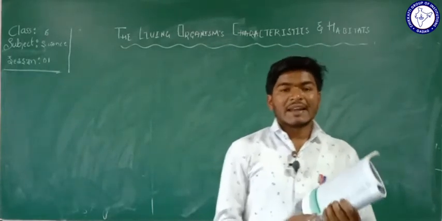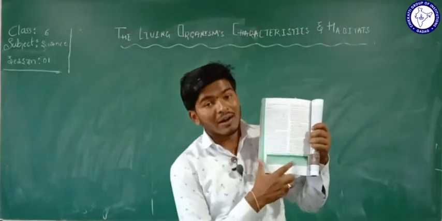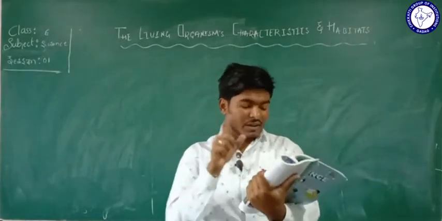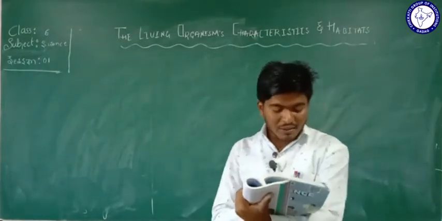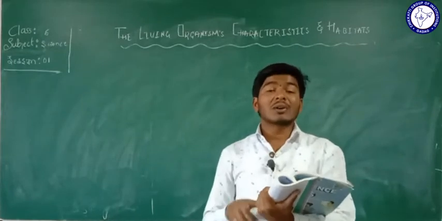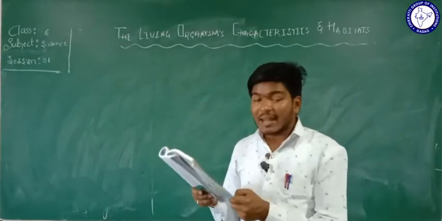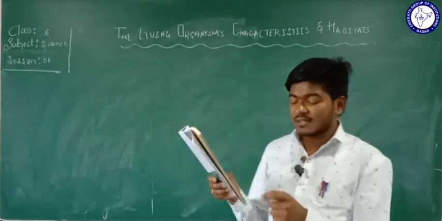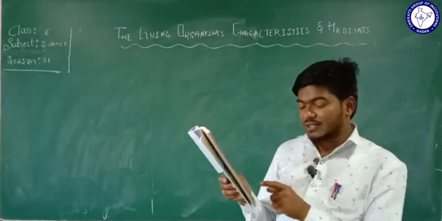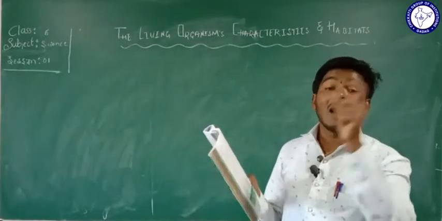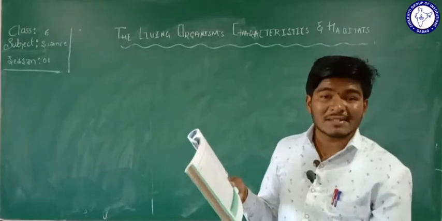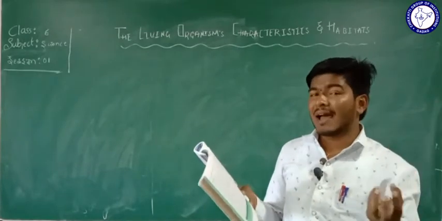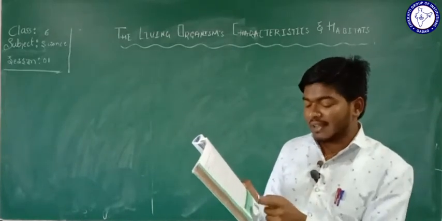See, in the textbook the table is given here. In the first column, for the forest, you have to write down the names of the animals or the different plants which you are going to see in the forest. On the mountains, which type of animals and plants are present, you should write in the second column.